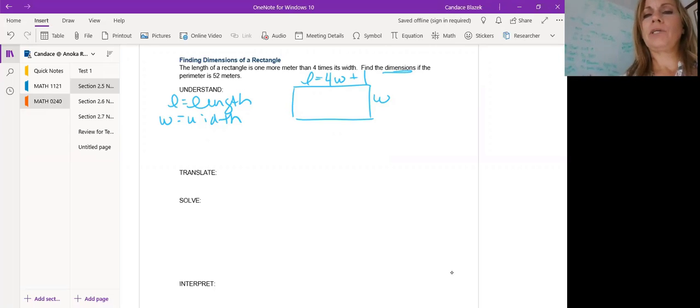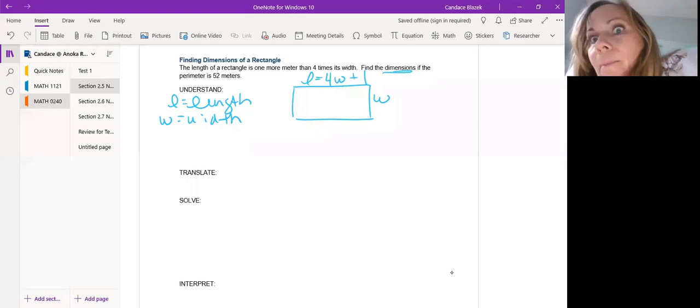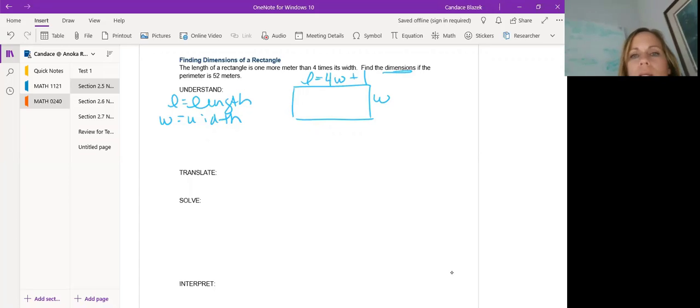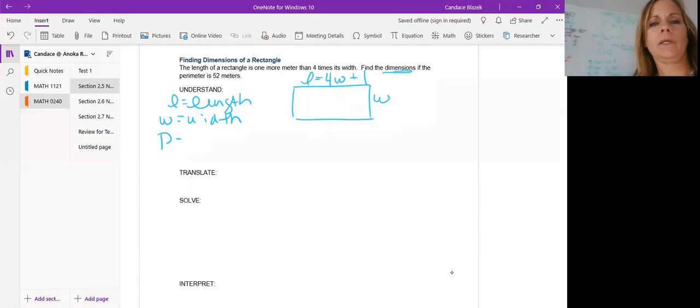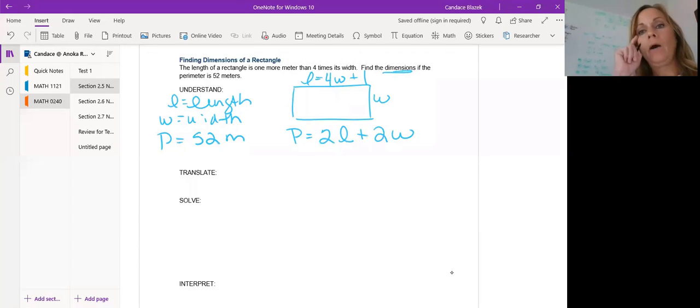Another bit of information, when it says to find the dimensions, excuse me, dropped my pen, is that it tells us that the perimeter is 52 meters. We know that perimeter is equal to twice the length plus twice the width. We need to make sure that we enter the information into our formula so we only have 1 variable.